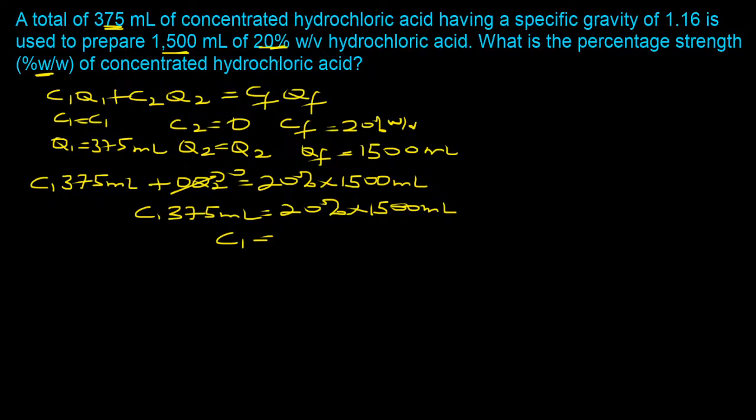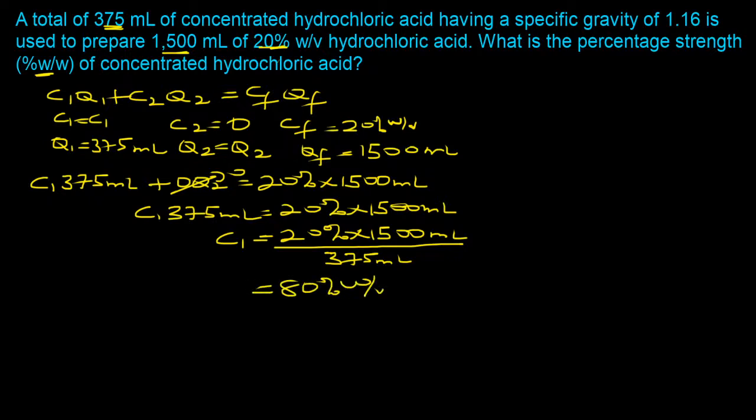So C1 is going to be equal to 20% times 1500 milliliters divided by 375 milliliters. If we do the math, it's going to give us 80%, but that is weight by volume, and we need it to be in weight by weight.